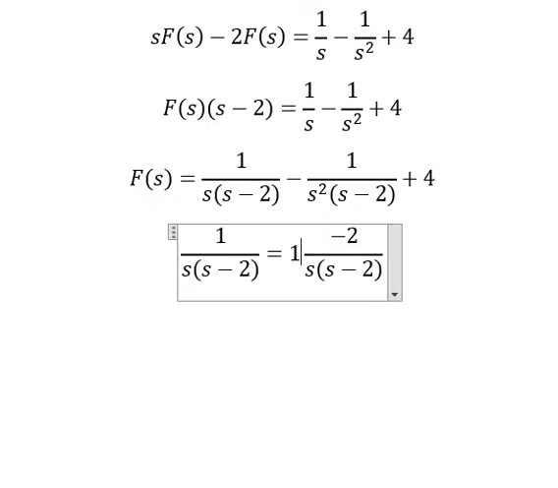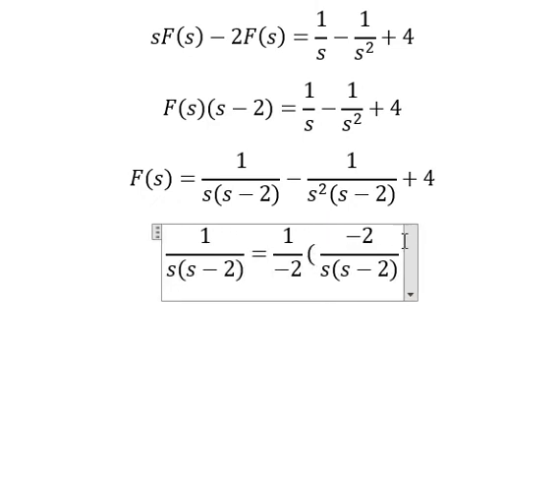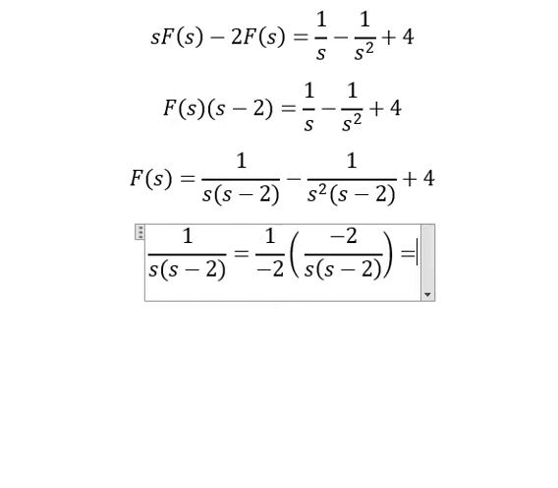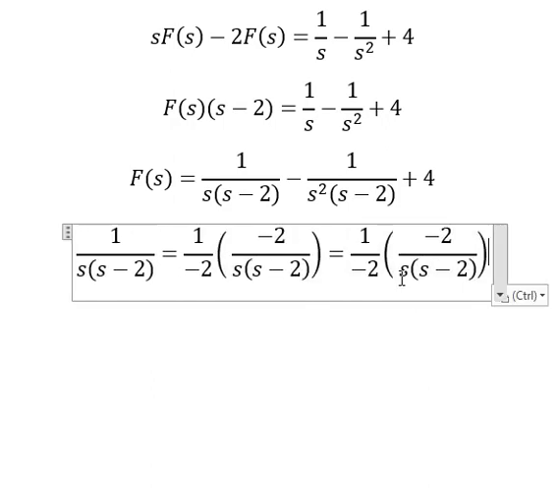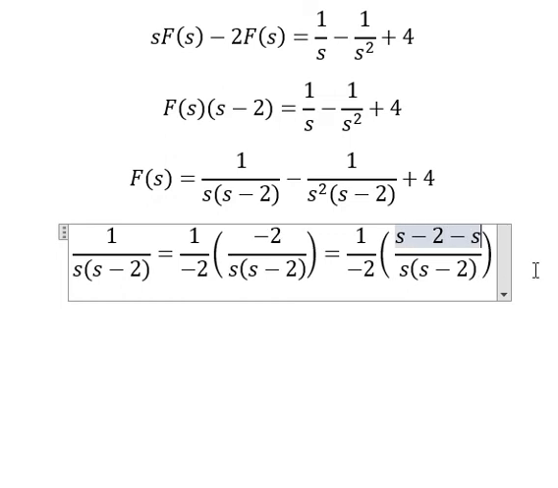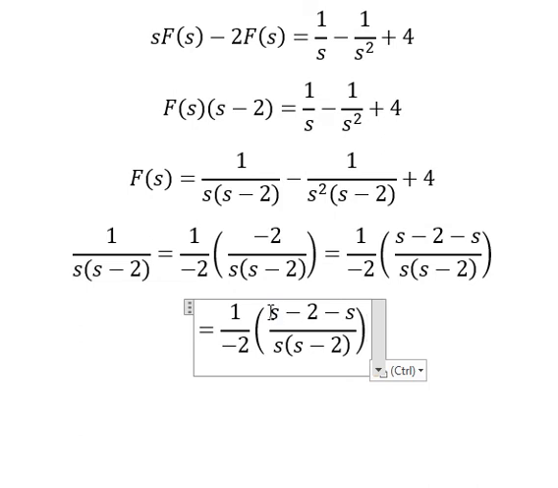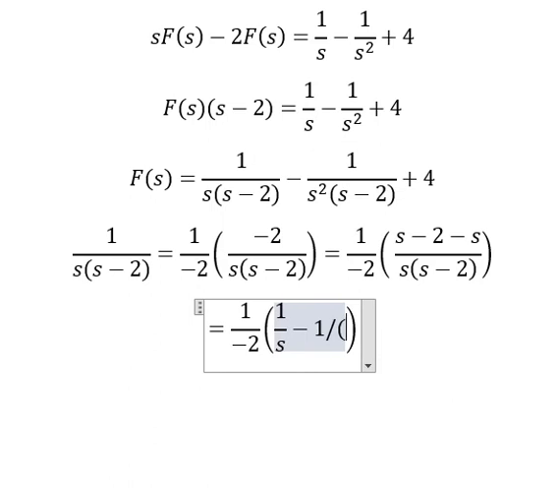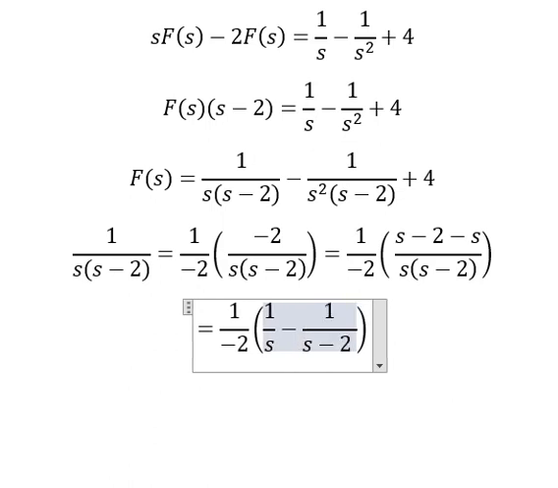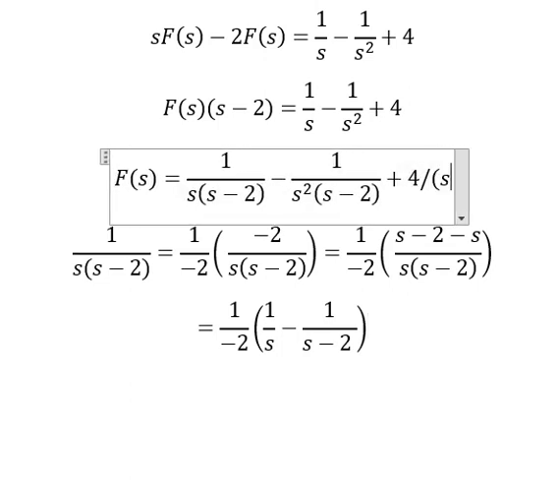Later that we put 1 over negative number 2 in here. Next, I will add s in here. Later that we need to minus s. So this one divide this one, and this one divide this one. So we have like this. And now we go to this one. Also we have s minus number 2 in here.